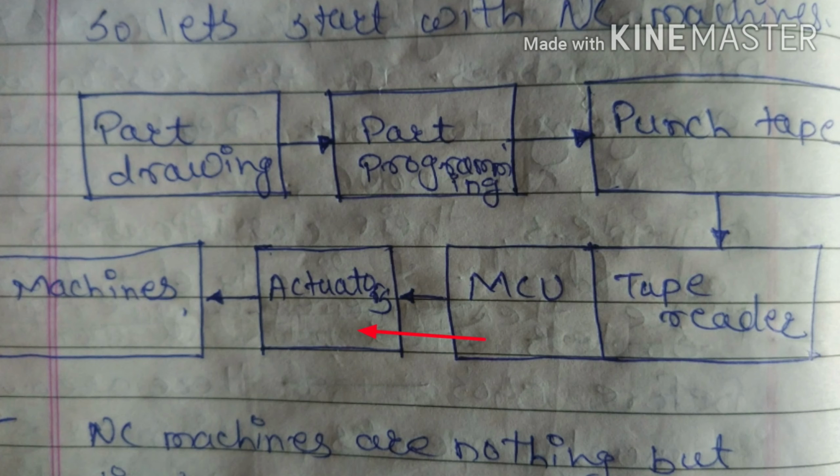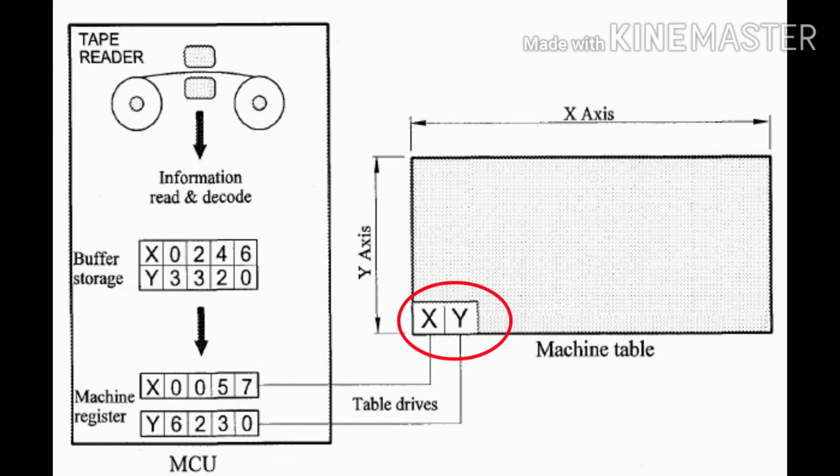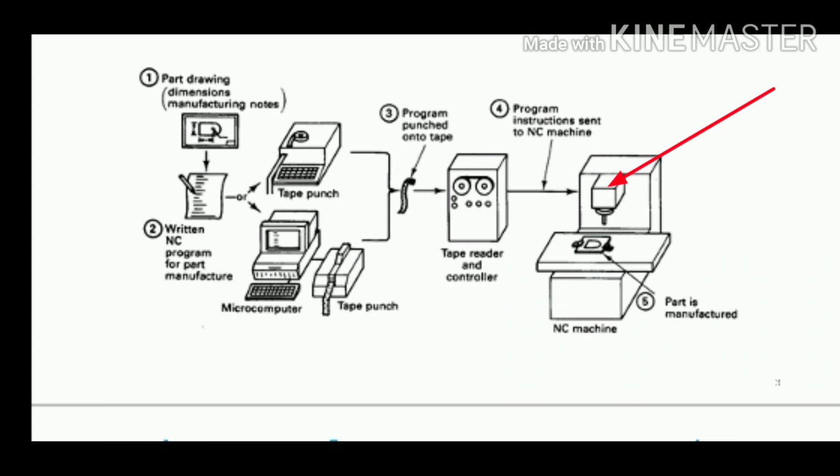The machine control unit gives commands to the actuators, which actuate the lead screws of tables or move the tables accordingly, and also give motion to the tool and different instruments of the machine.